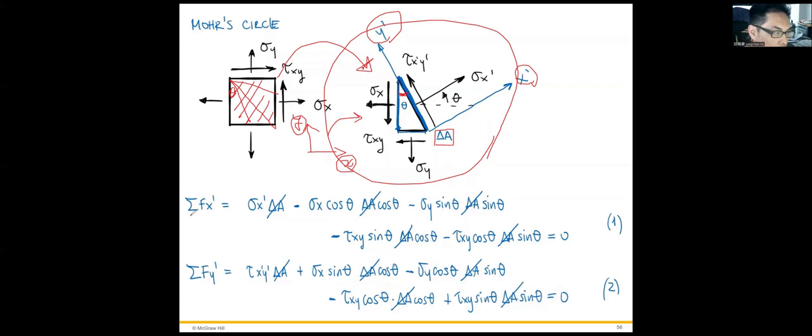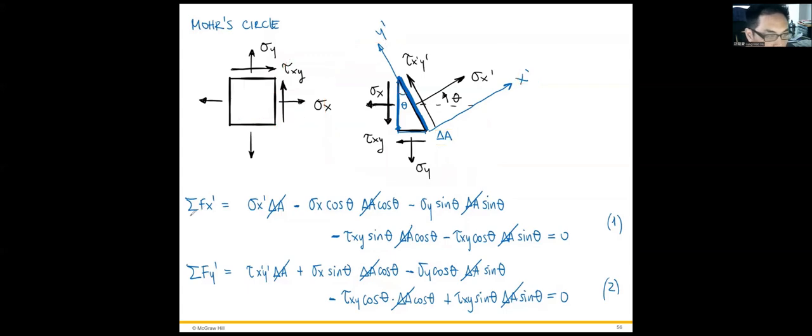Okay. So, I think you must feel really familiar with this equilibrium equation, right? Sigma Fx equals 0 and sigma Fy equals 0. However, in this case, we have to base it on the coordinates x prime, y prime.